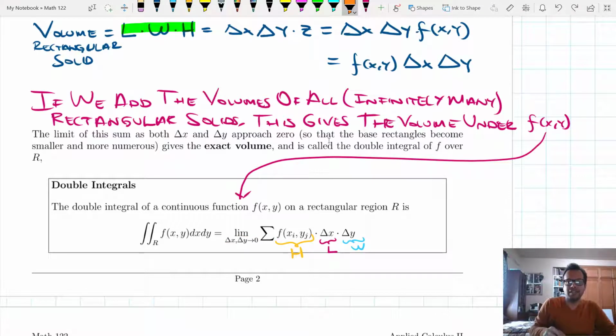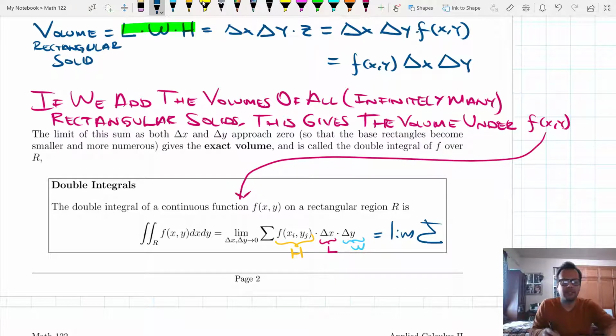So this is the same as saying the following. Okay, let me write it in a different way. I'm going to change notation here.